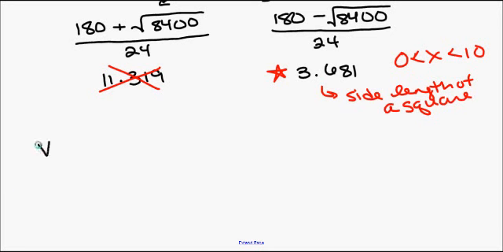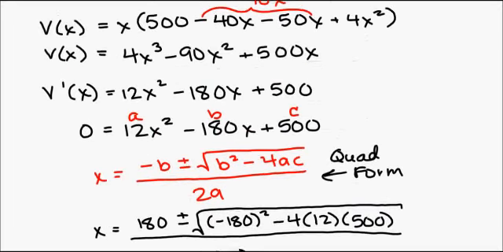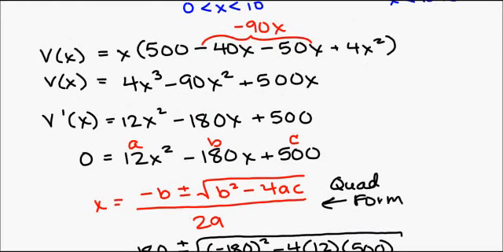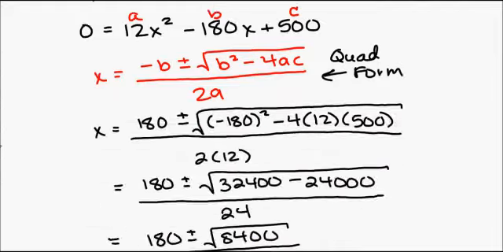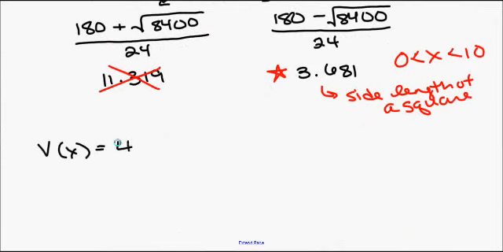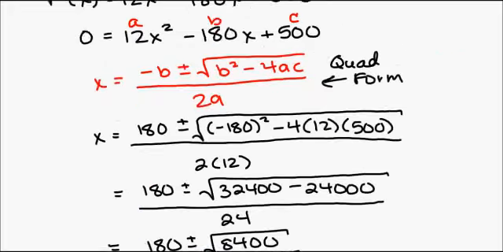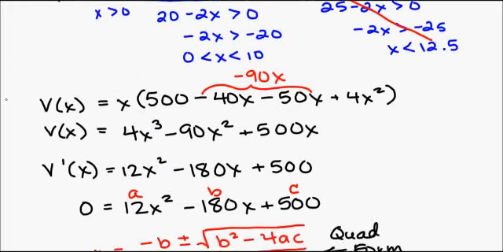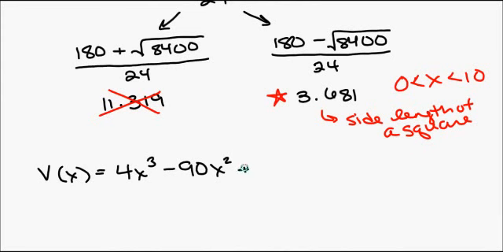So remember, well, v of x was equal to 4x cubed minus 90x squared plus 500x.